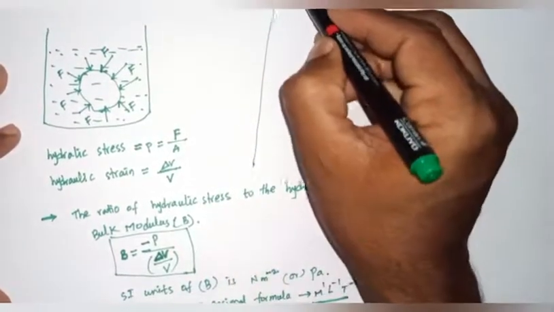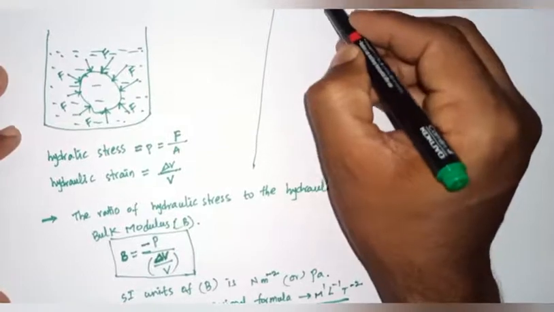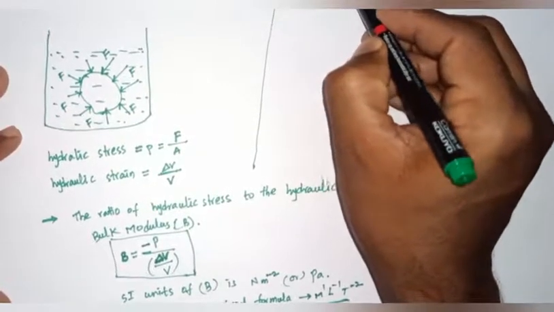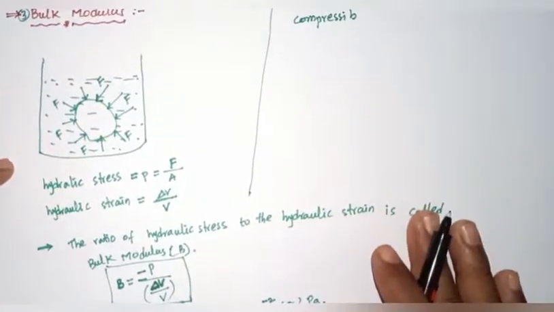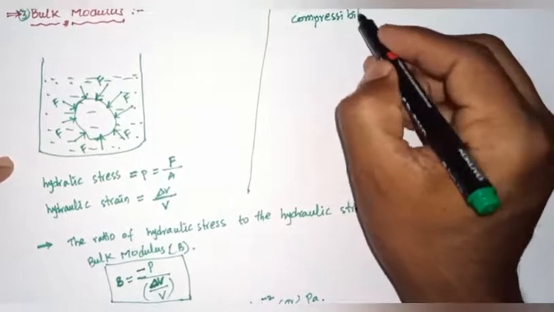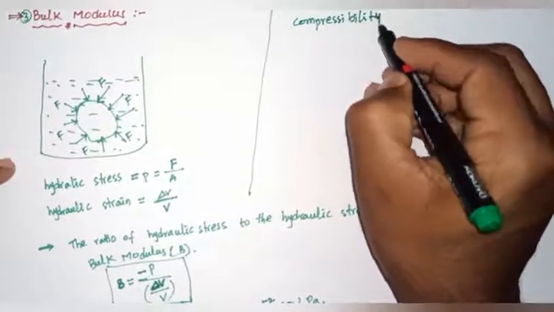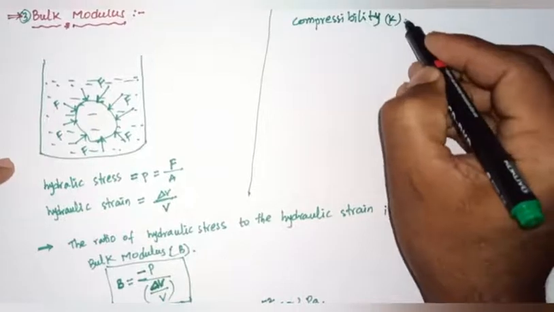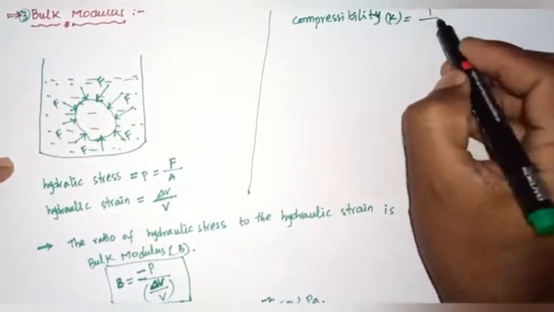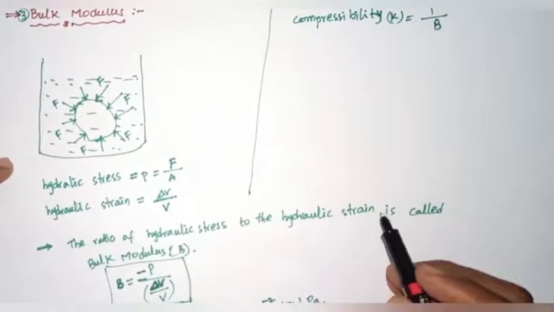Compressibility K equals the reciprocal of bulk modulus.